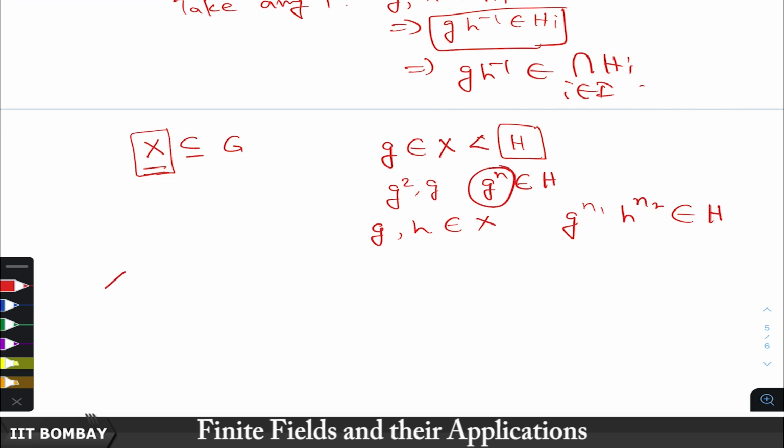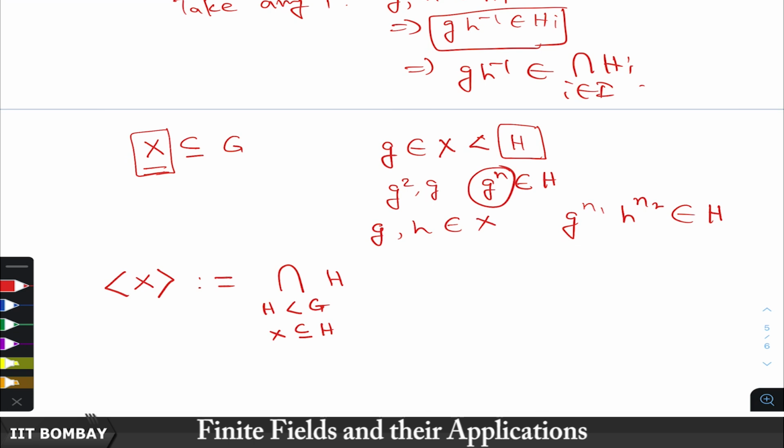The subgroup generated by X, which is denoted by this symbol, is the intersection of all subgroups H, where H is a subgroup and X is a subset of H. All subgroups containing X, you take the intersection of all those subgroups.